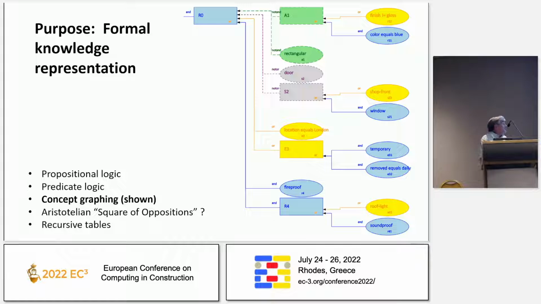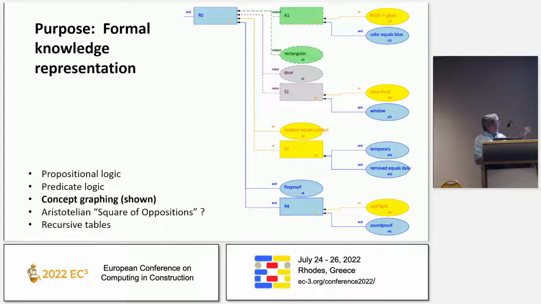The last purpose I mentioned is to link to formal knowledge representation. And this is sort of expected, and you should be able to make that connection. And I could show you the propositional logic statement or the predicate logic statement, the first order logic statements, but they'd fill the screen and you wouldn't spot if it had a mistake in it anyway.